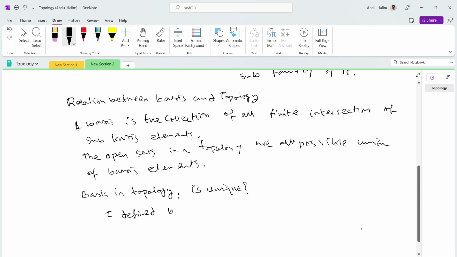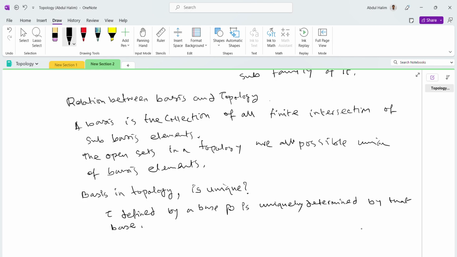The topology defined by a base, a collection or family beta, is uniquely determined by that base.